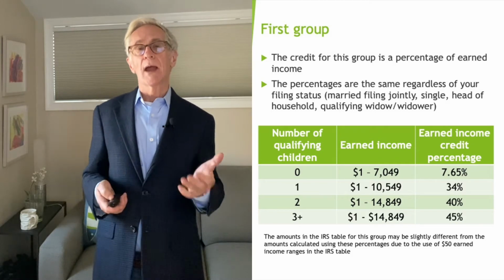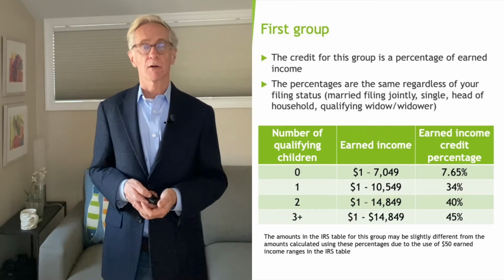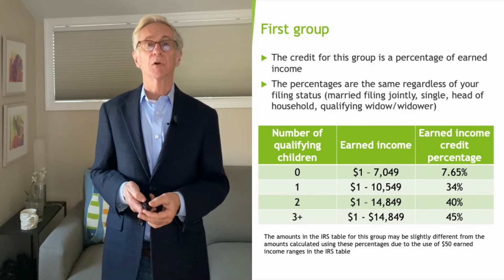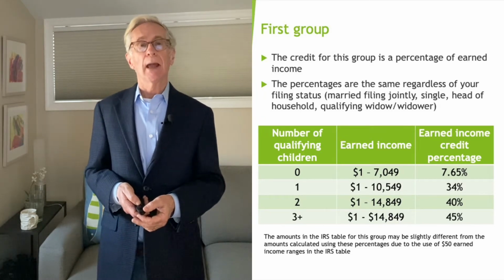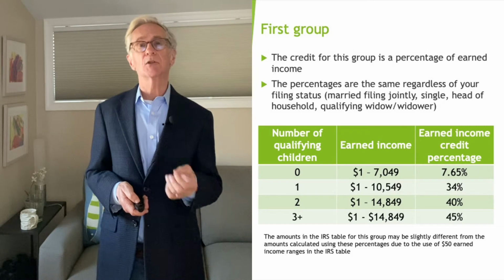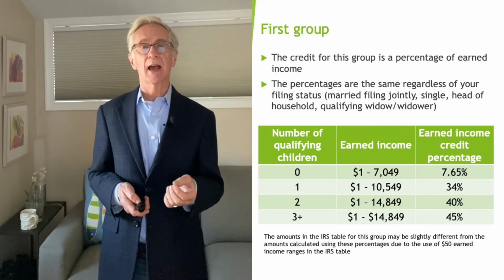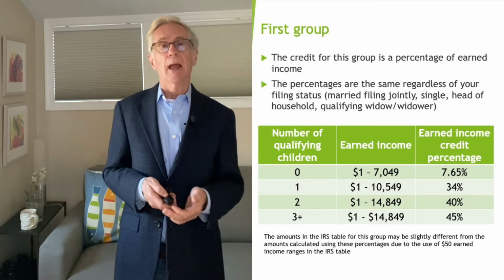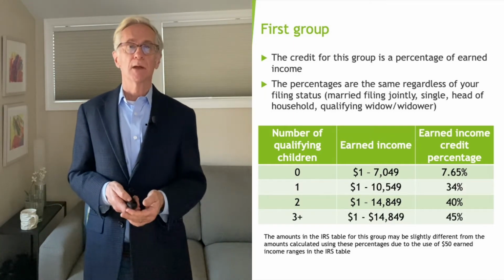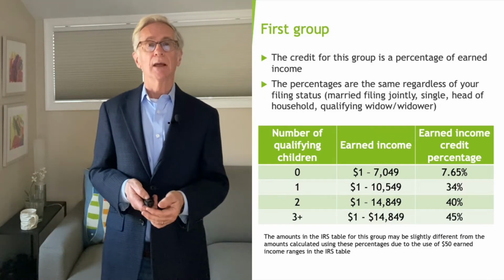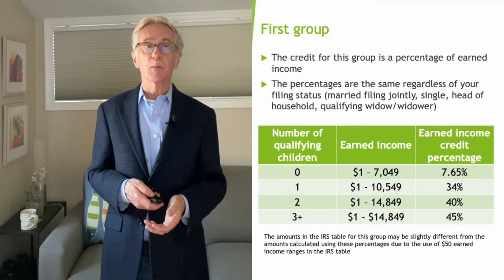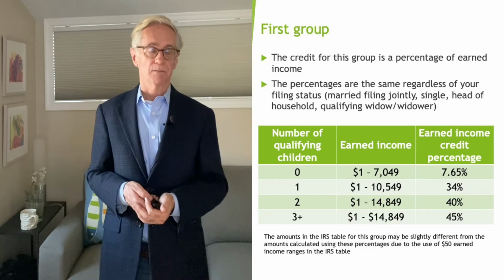So the first group, remember I said the first group, the higher their income, the higher their credit. Well, the way the formula works, the credit for this group is a percentage of earned income. And the percentages for this group are actually the same regardless of filing status, so it doesn't matter whether you're married or single. The way you determine your credit in this group is it's just a percentage of your income, and it does depend on the number of qualifying children.